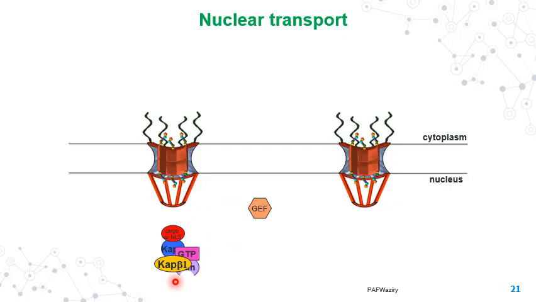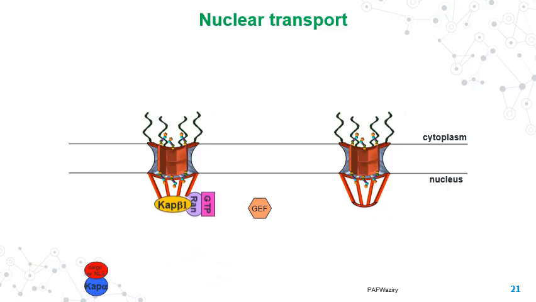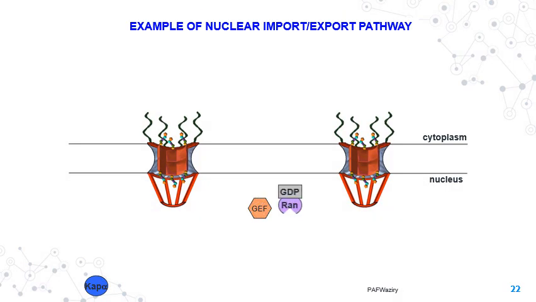Now RAN can go over there and say, all right, let's dissociate this cargo from the transporter. So cargo gets dumped in the nucleus. This thing inside the nucleus is basically useless, so it needs to go back out in the cytoplasm. So now, okay, let's get this picture here.